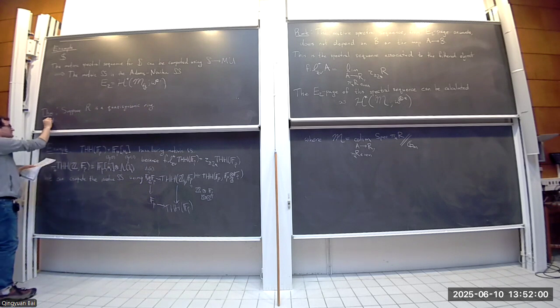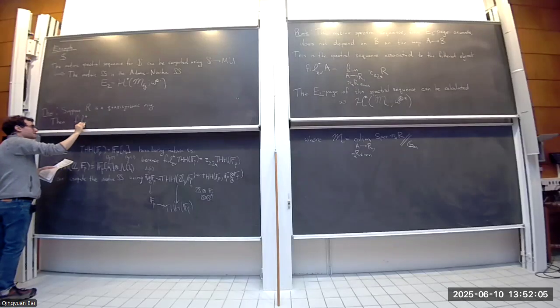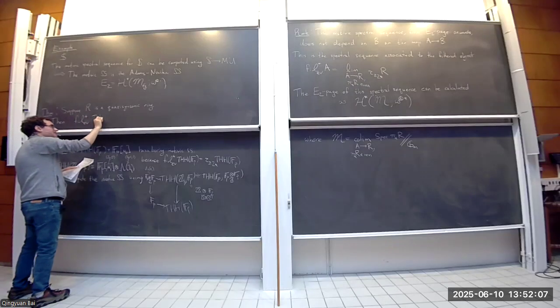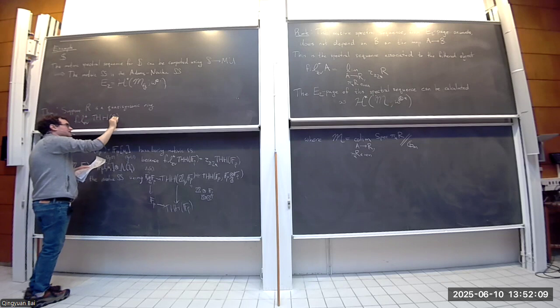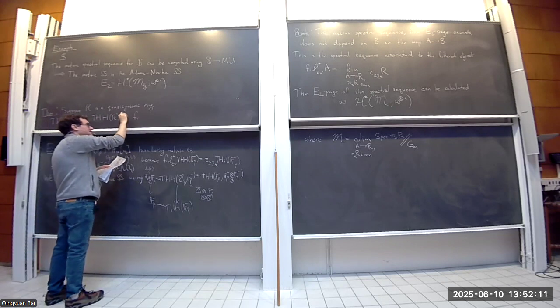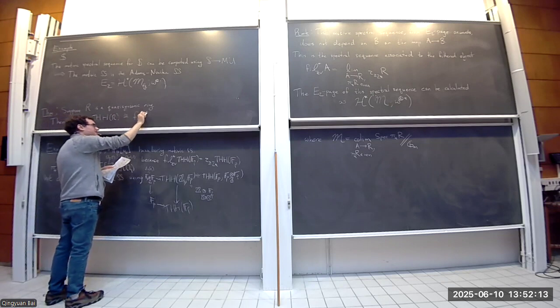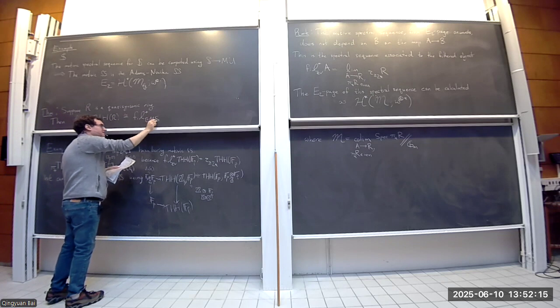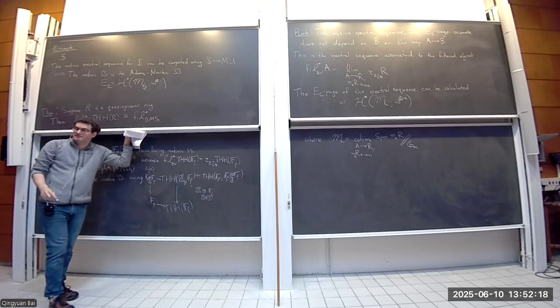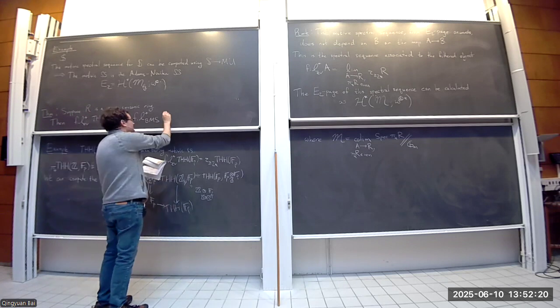Then the filtration, which requires the motivic spectral sequence, is isomorphic to the filtration that is already defined by someone else in the room, co-authors, the Bhatt-Morrow-Scholze filtration.